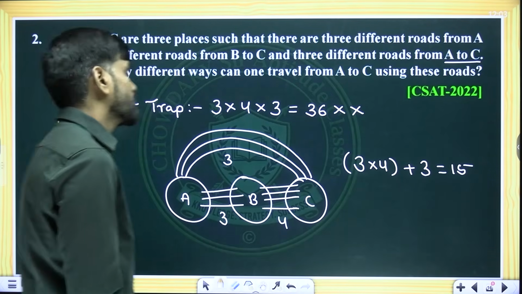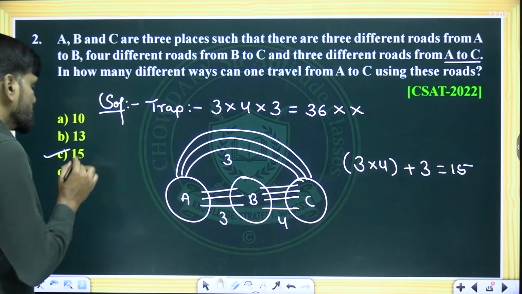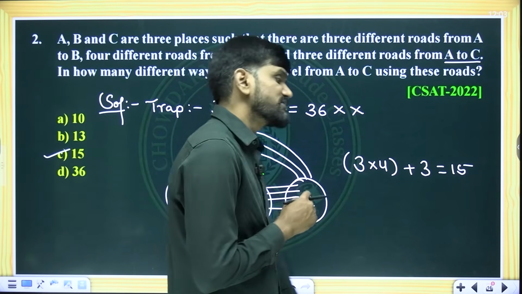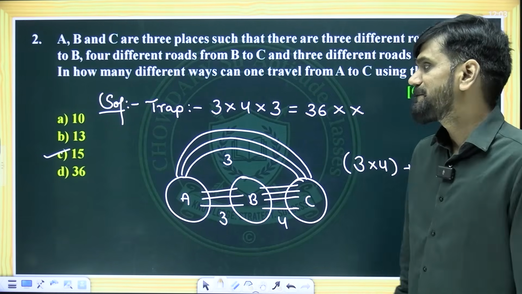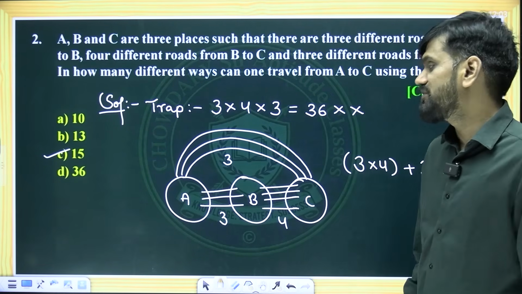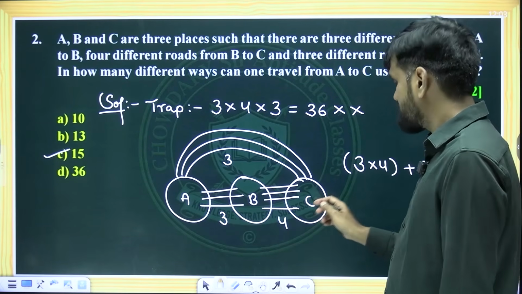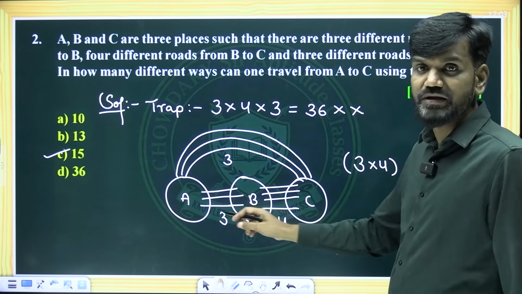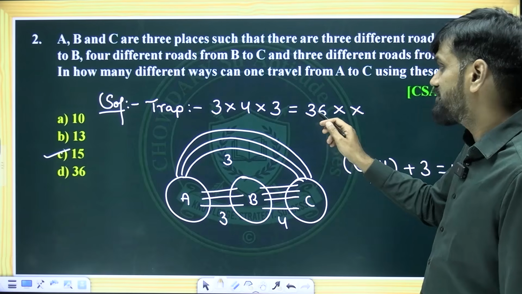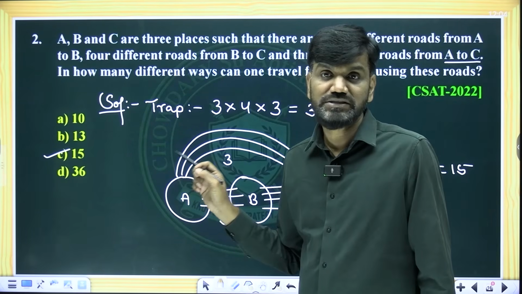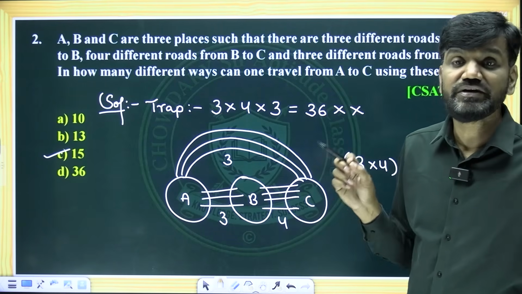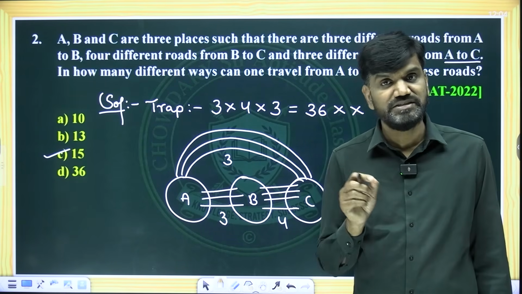Hence your answer has to be option C. That's a trap that was given in the UPSC CSAT exam. If at all they had given A to B, B to C, C to D, then we would have multiplied 3 into 4 into 3. Then it would be right. But here, the correct answer for this problem is option C. Be aware of this type of traps in competitive examinations.